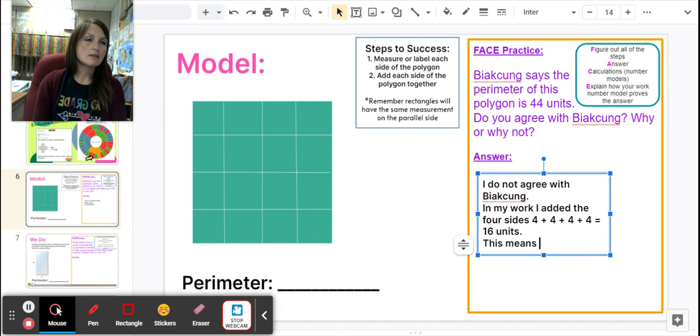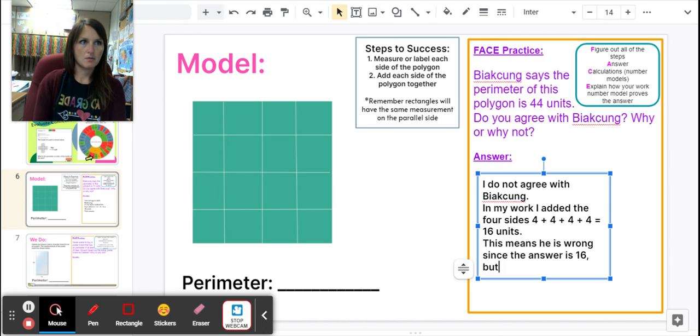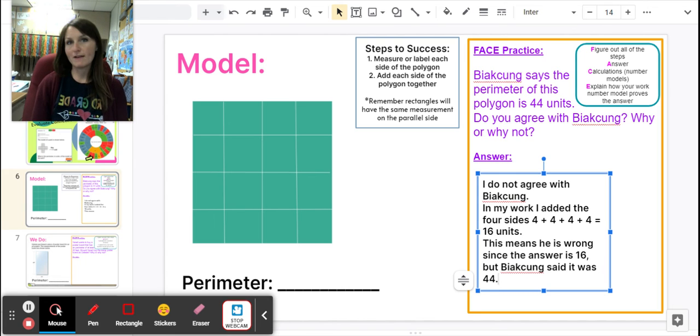This means he is wrong since the answer is 16, but Byakshan said it was 44. So I explained what I did. I added 4 plus 4 plus 4 plus 4 and got 16. But he's wrong because he said it was 44 and it's actually 16.